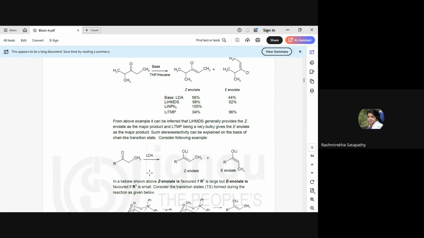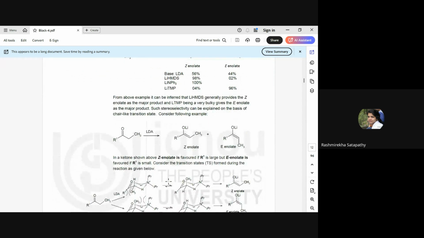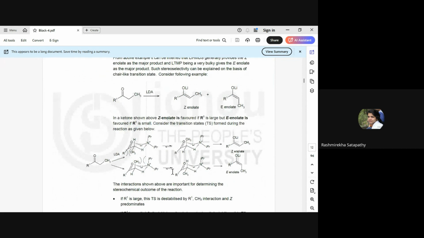Here also Z enolate and E enolate are both forming in the presence of LDA. It is a strong base. In a ketone, the Z enolate is favored if R1 is large, but the E enolate is favored if R1 is small. If it is a large group, the double bond will be here.